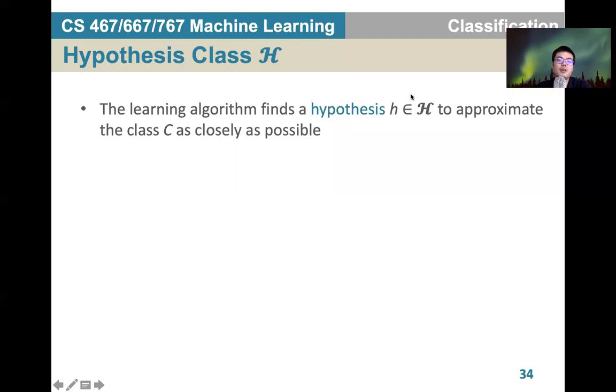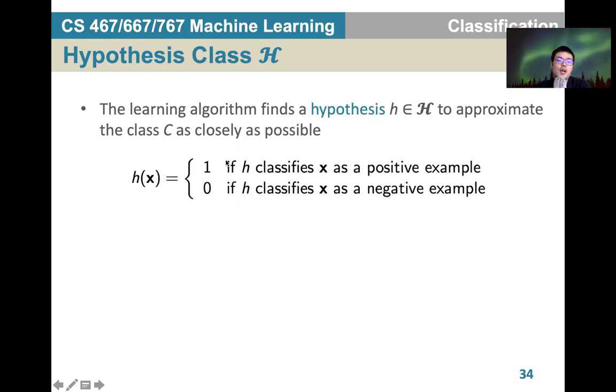For example, in our previous regression example, because now we are talking about classification, the hypothesis is a polynomial, not sine. The true class is sine. Here, our hypothesis is a function f, and the theta is already hidden there. So we give a particular theta, we have a particular model, a particular hypothesis.